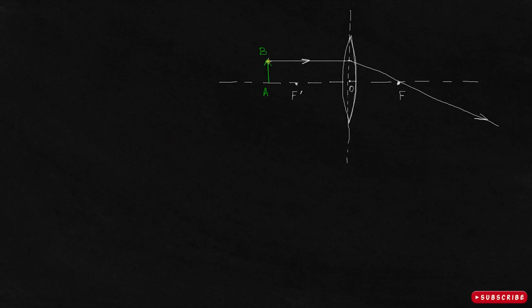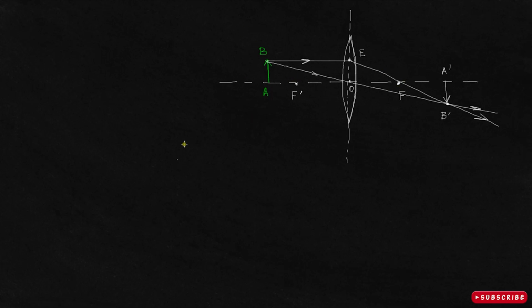And another ray, we have to draw two rays to get the image, that is, another ray which is passing through the optic center like this passes undeviated. Now these two rays meet at the point here and we will get an image here. Let's call that A dash B dash. Let's mark this point as some E.